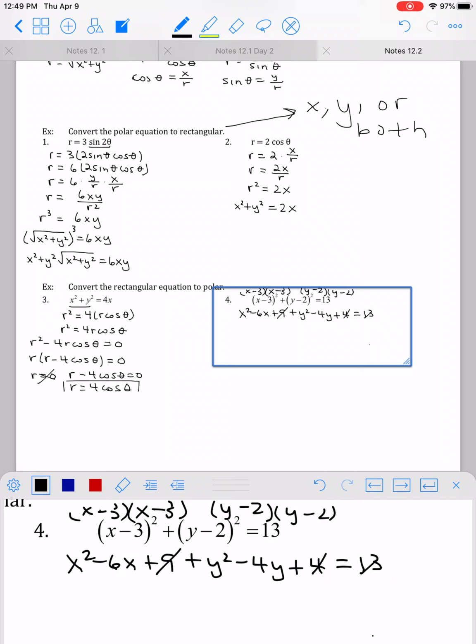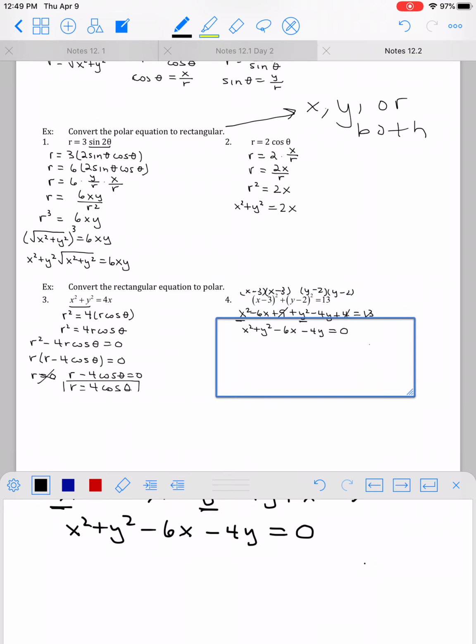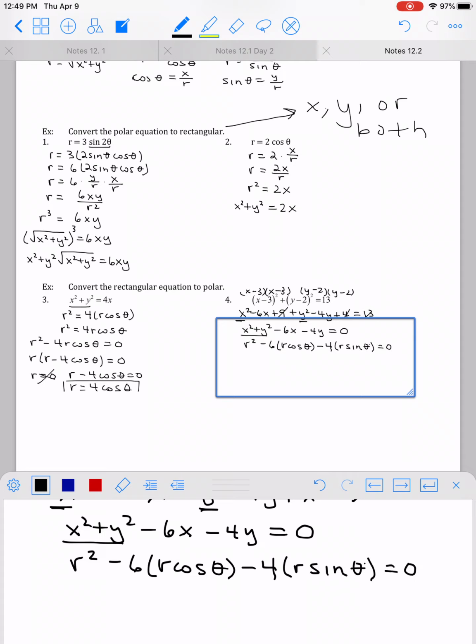So now if we rewrite, we're going to do something clever here. We're going to put the x squared and the y squared together, because we know that's r squared, minus 6x minus 4y, and then the numbers all cancel, and that leaves me with a 0. So now I know this part right here is r squared. I am going to put in r cosine theta in place of the x, and I'm going to put in r sine theta in place of the y, and then I'm going to show my multiply step.